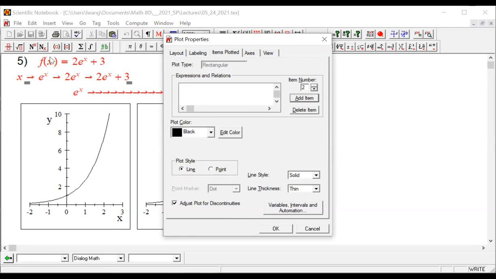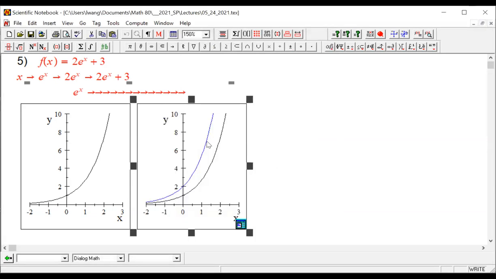So to see if that's confirmed, 2 times e to the power x. And suppose I'm going to make it blue. Okay, so let's look. You see, indeed, it's more narrow, right? All the output is doubled, right? So that's how we get the 2 multiply e to the power x, right?